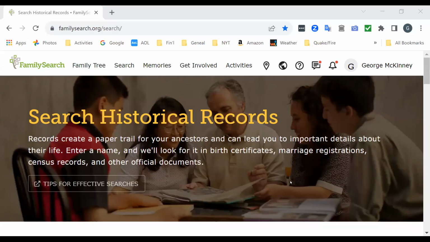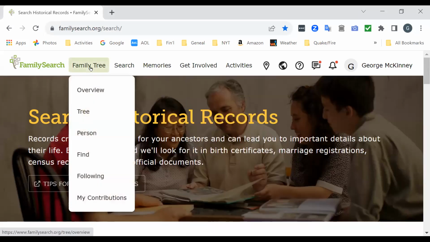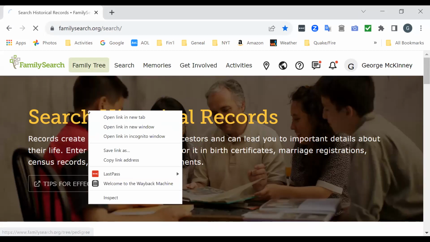Okay, now we're going to go to Family Tree Maker for a minute. We have a family tree here. Okay, let's look at the tree.